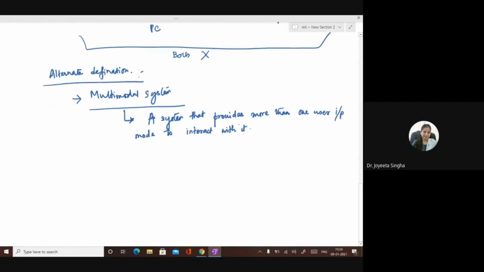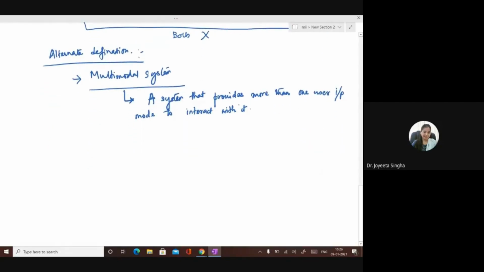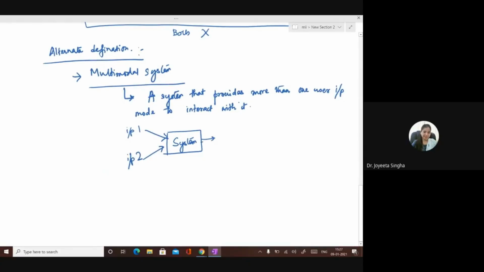This is an alternate definition: a system that provides more than one user input mode. You have input 1, input 2 to interact with it so as to produce your desired output.